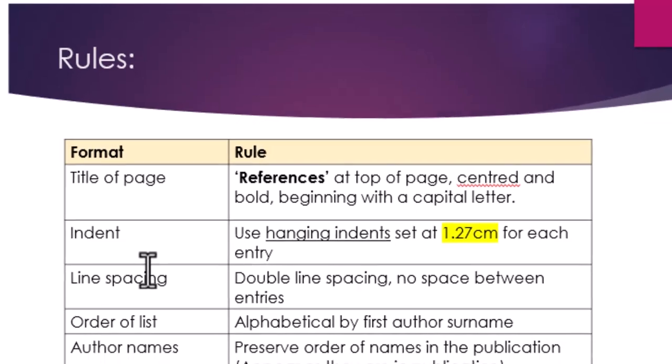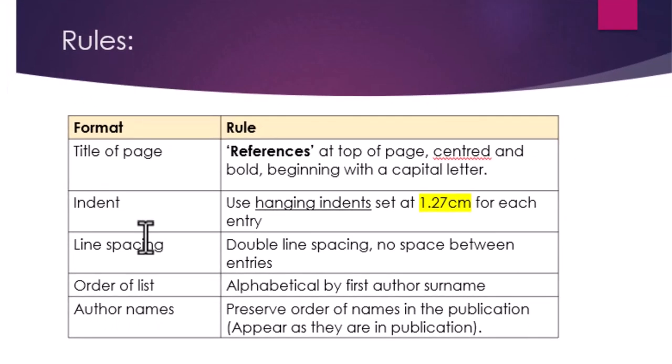Then we look at rules. These are the different rules that guide the writing and formatting of the reference list. The first rule, considering the title of the page, is that the word Reference should be put at the top of the page. It should be centered and it should be bold.